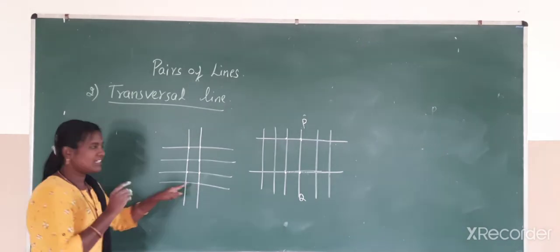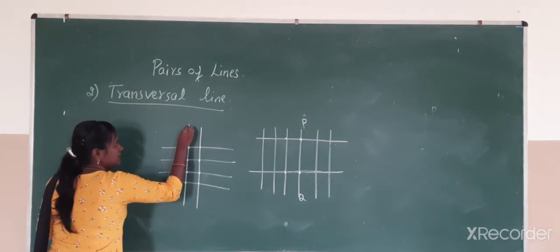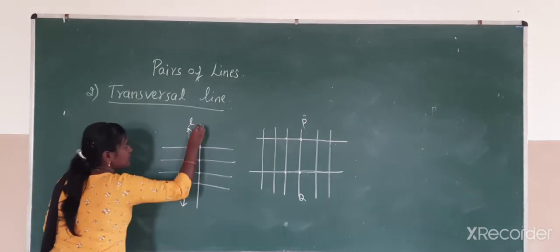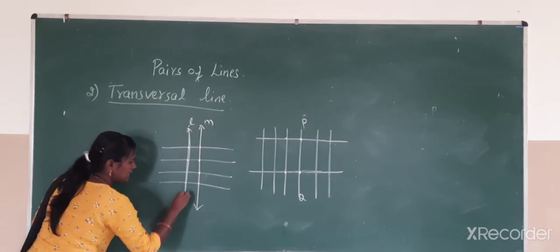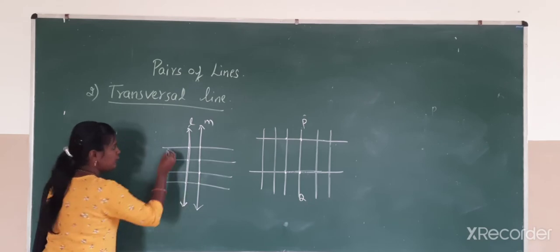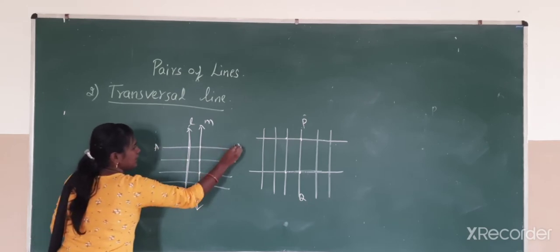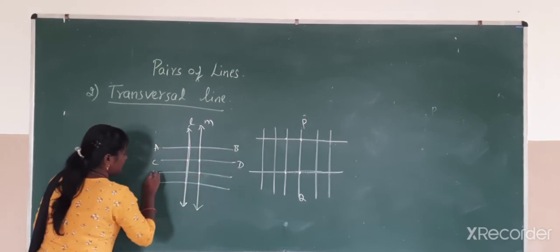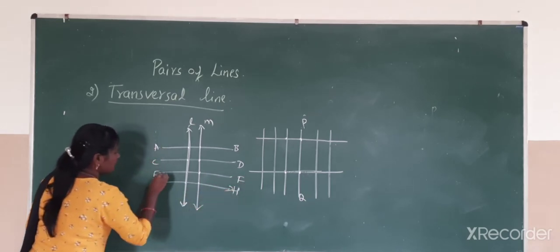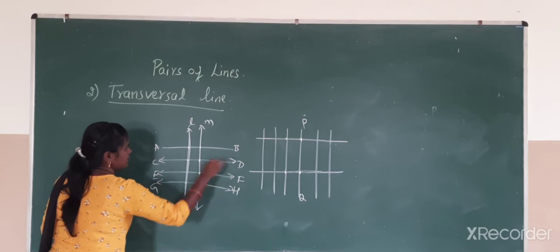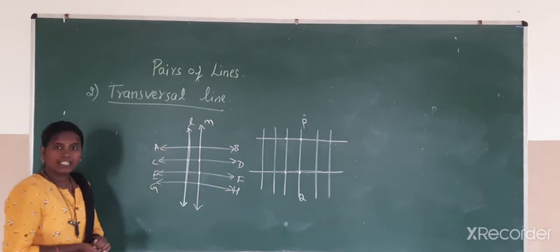If I take this as L and this as M, the line L is a transversal for these lines A, B, C, D. Right?